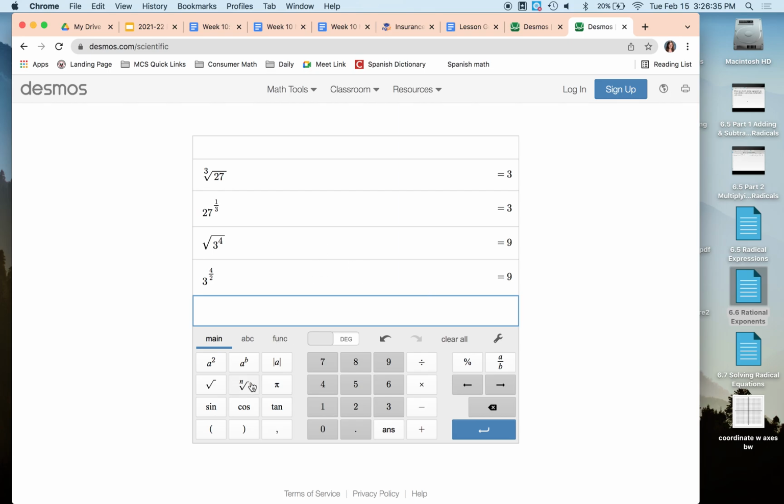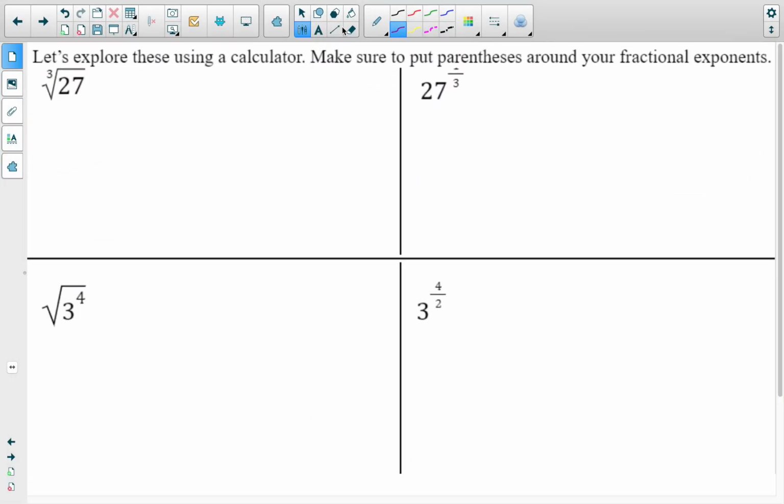Something I also want to call out is that if we take the square root of 3, close parentheses, and put that exponent outside, we also get 9. So the square root of 3 to the 4th is the same thing as the square root of 3 to the 4th. It took me a really long time to understand that in my mathematical studies. So here we get 3, 3, 9, and 9.